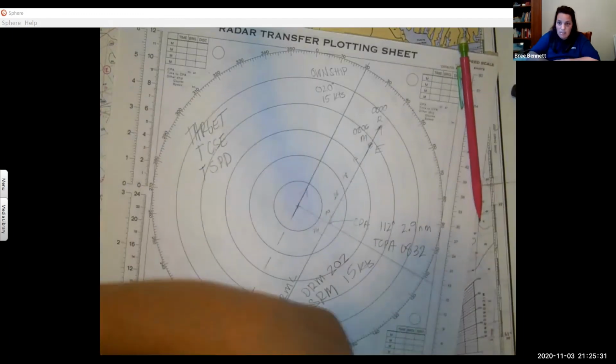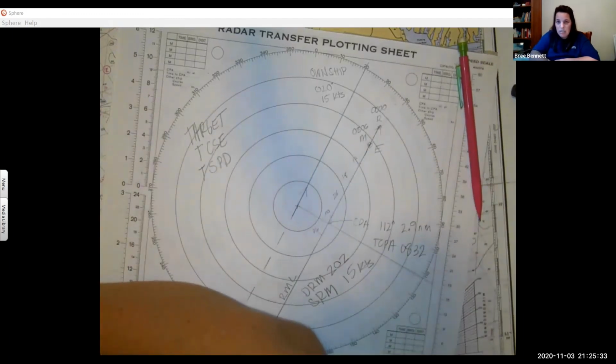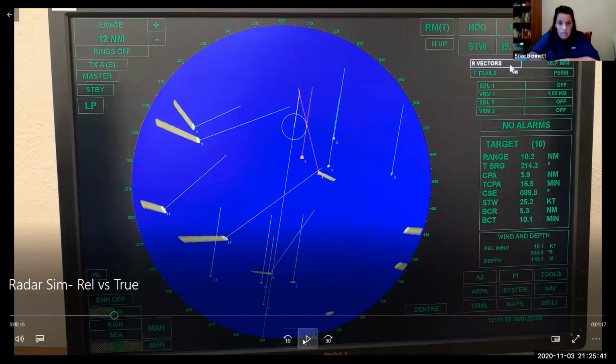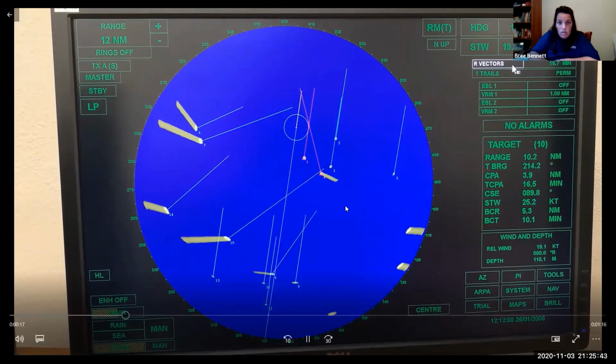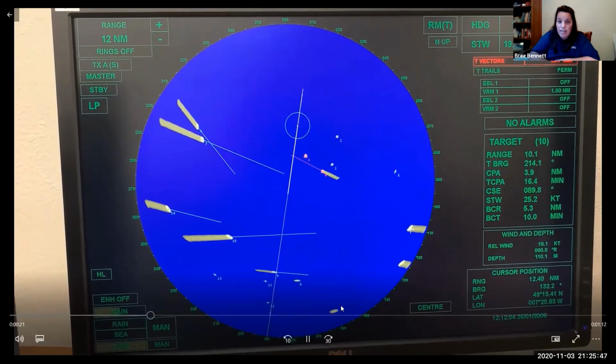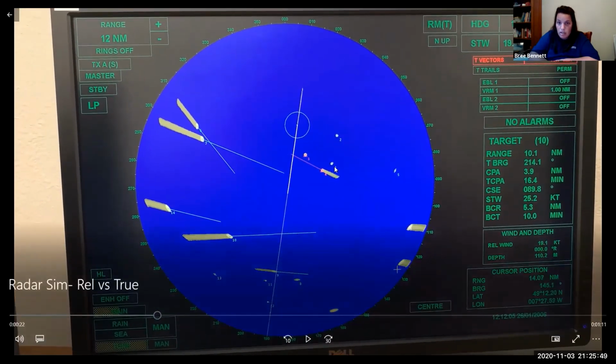So as we are processing that in our heads real quick, let's look at this video again. We have relative motion, and then we have true motion. So those relative motion lines disappeared when we switched to true because there is no line for true. These are dead in the water.